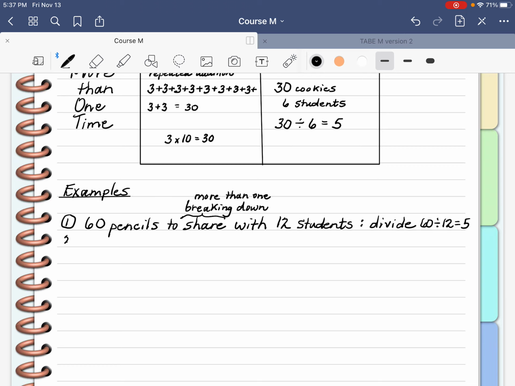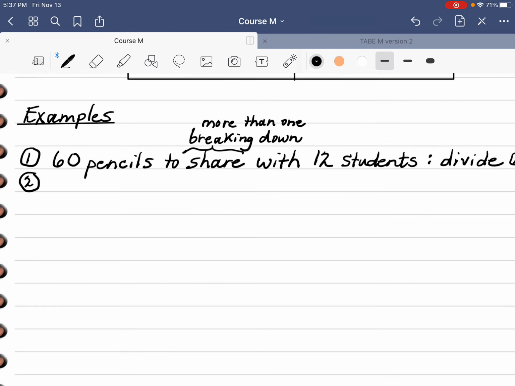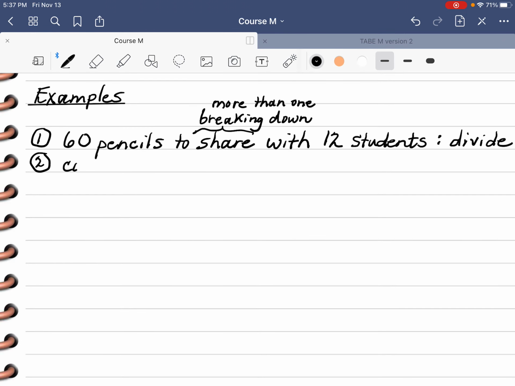Okay, here's another example. I want to combine 2 apples and 3 oranges in a basket. Am I building up or breaking down?